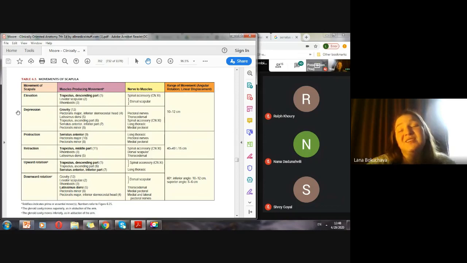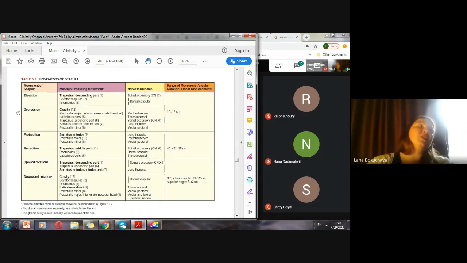Why depression? The descending part, which was attached more superiorly, pulls the scapula up, so that's why we had elevation. The ascending part, which ascends from the lower thoracic vertebrae, their spinous processes, will be drawing the scapula down. So as a result, that's what we call the depression.